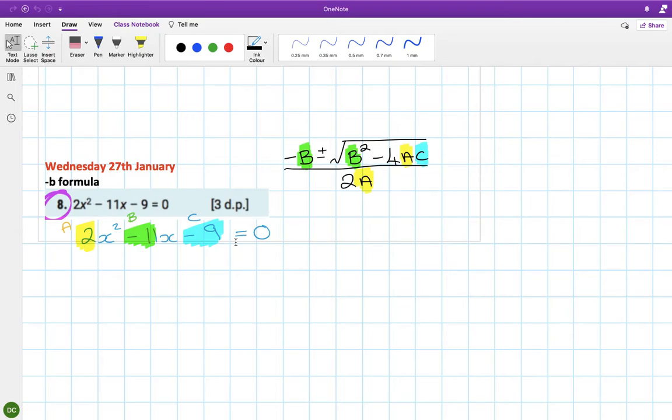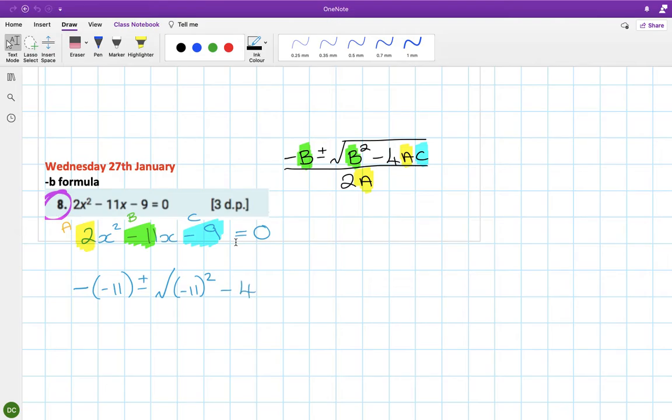Okay, so now we're going to go into the formula. The formula starts with a minus, so I'll put down my minus. And then B is minus 11. Then plus or minus square root. Under the square root, the first thing that goes in is B, so that's minus 11 again. And this time we're going to square it. Then minus 4.